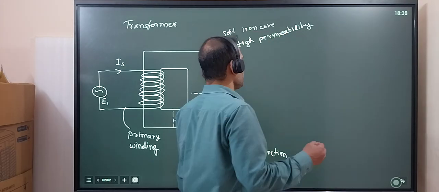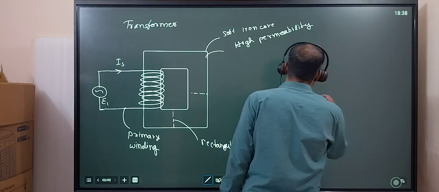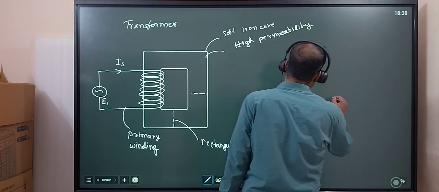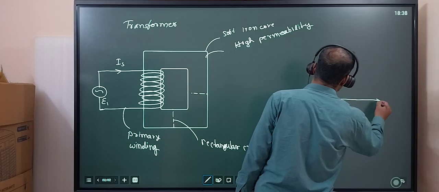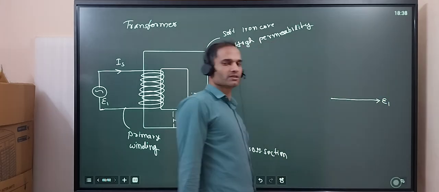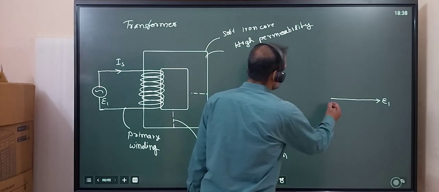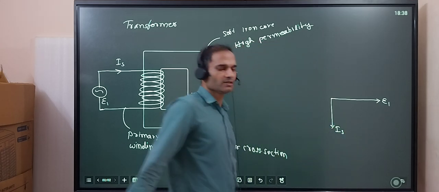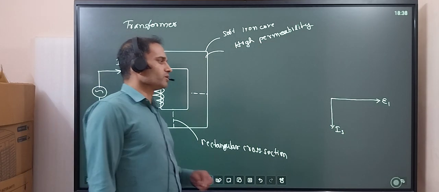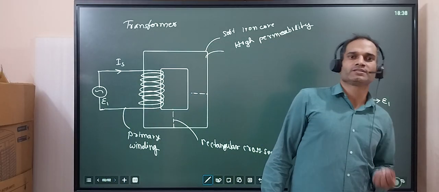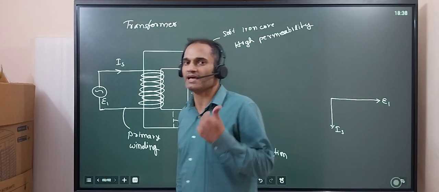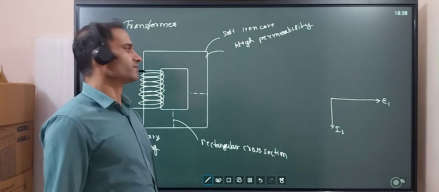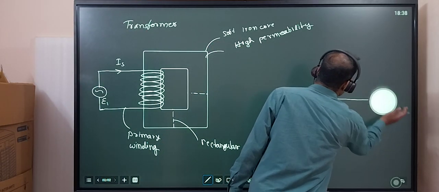I will keep drawing the phase diagram also. So this is our E1, and I1 will be like this. We know in a purely inductive circuit the current lags the voltage. Same thing is here. I will draw it a bit bigger.